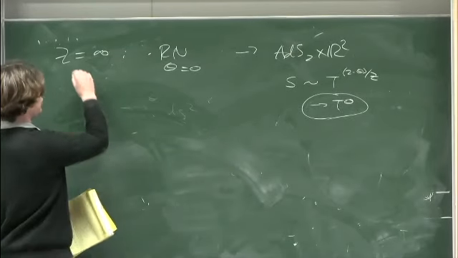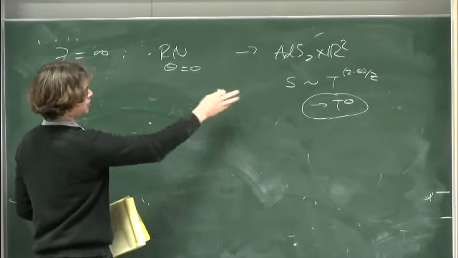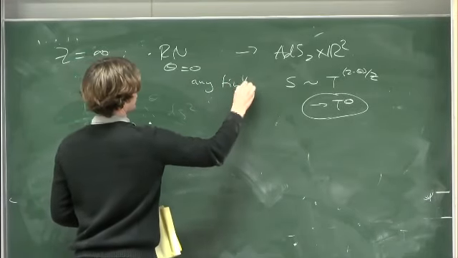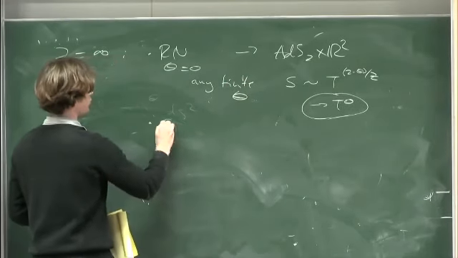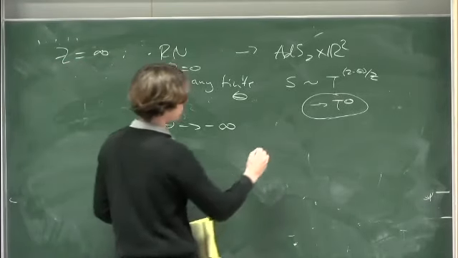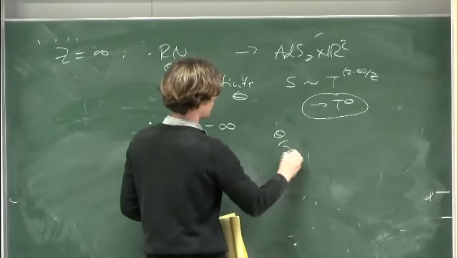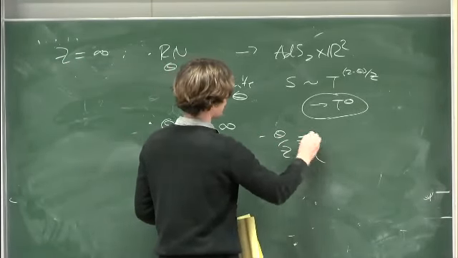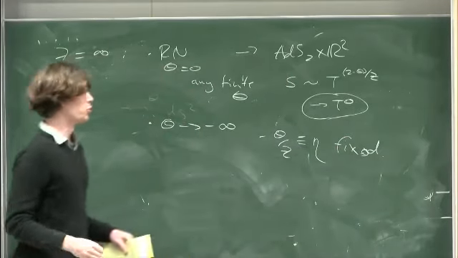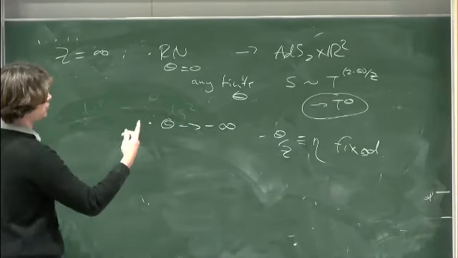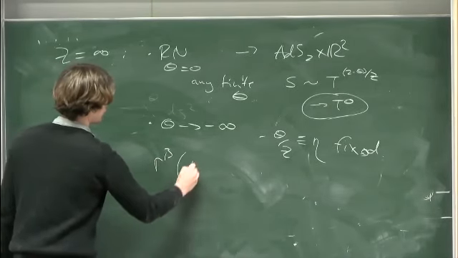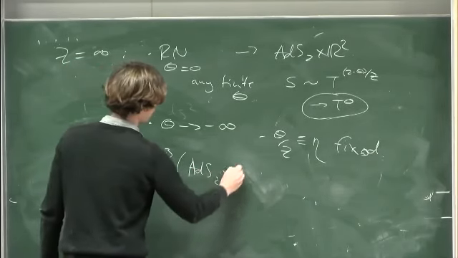So another option with z equals infinity: this would happen for any finite theta. Another thing you can do is take theta to minus infinity as you take z to infinity, keeping eta, which is minus theta over z, fixed. What this corresponds to are spacetimes that are conformal to AdS2 times R2, so you have r to some power times AdS2 times R2.